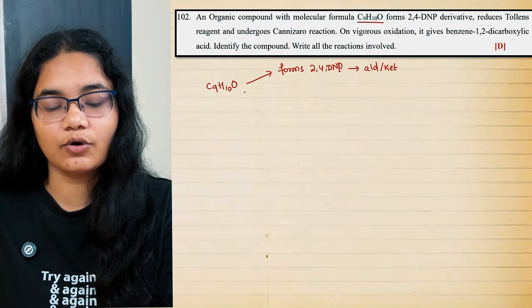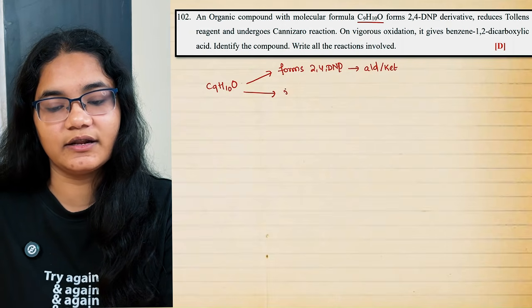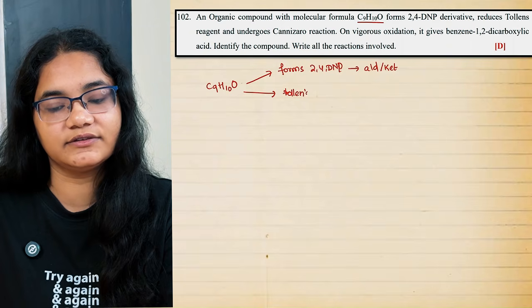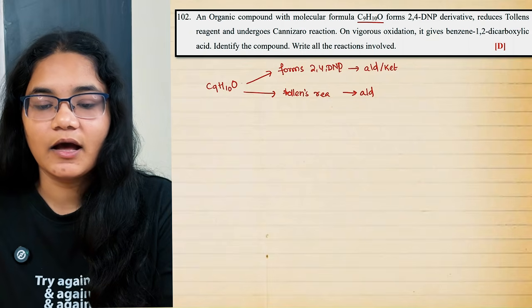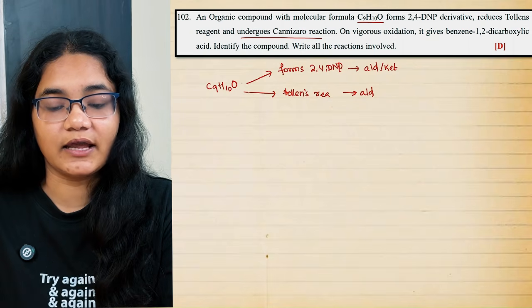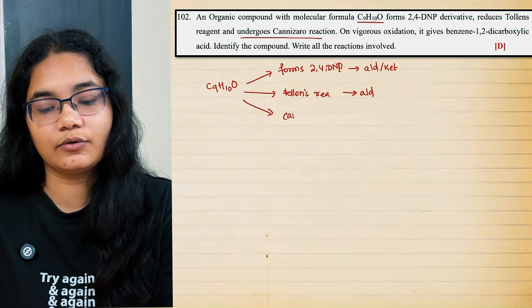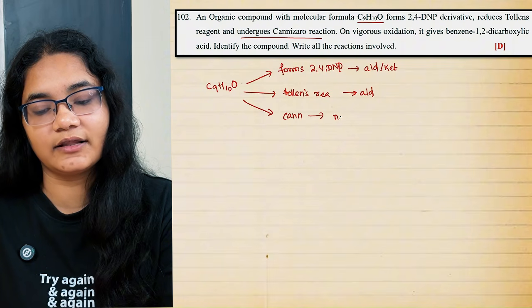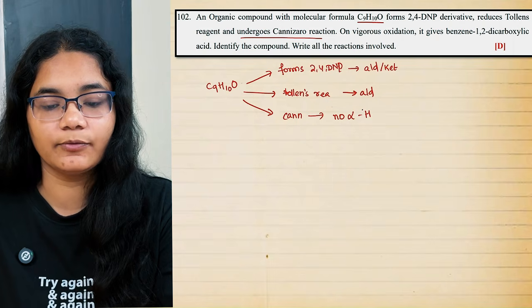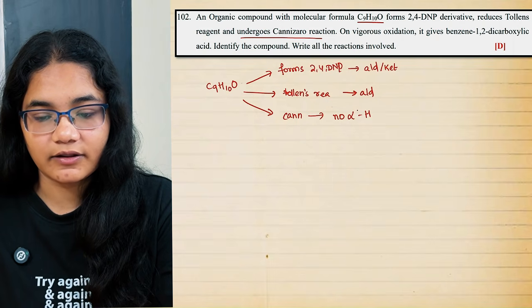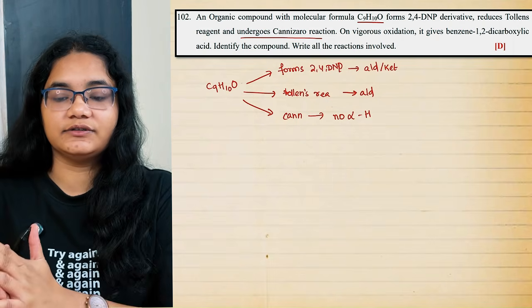Now it reduces Tollens reagent. If it reacts with Tollens reagent, then it has to be an aldehyde group. And it undergoes Cannizzaro reaction. That gives the information that there is no alpha hydrogen in this particular compound. So identify the compound and write the reactions involved.